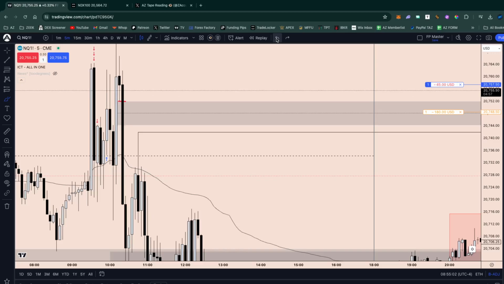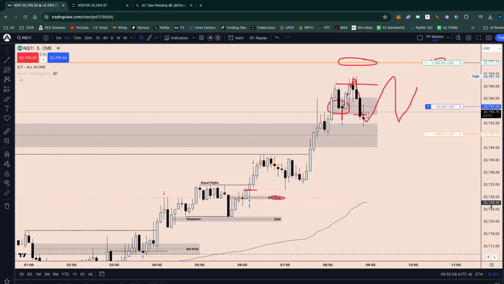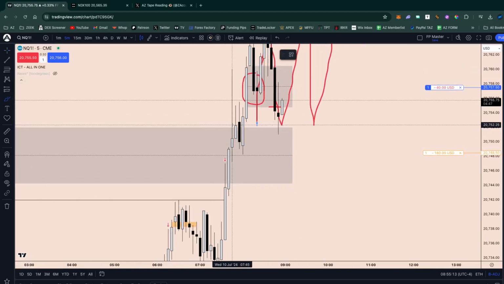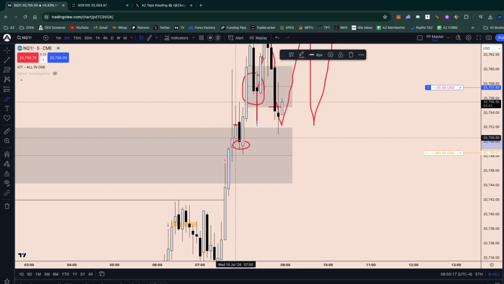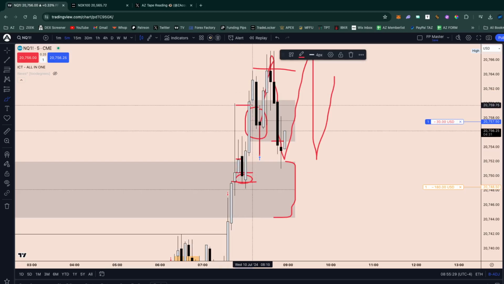And once we get the close above, we also close above this bearish 5 minutes. So right here, we could have also simply used the close above our 5-minute balanced price range to enter on the retest. And look at this, we had a beautiful bullish 5-minute time frame fair value gap overlapping with the overall inversion fair value gap to continue the move into a new high of day.